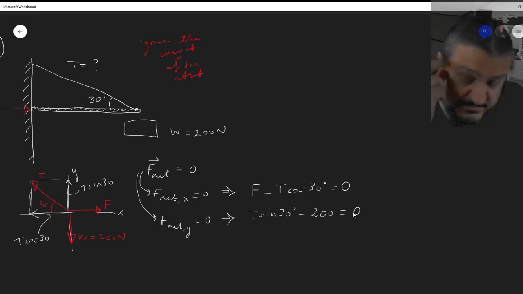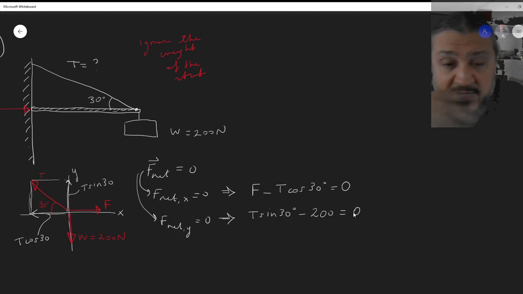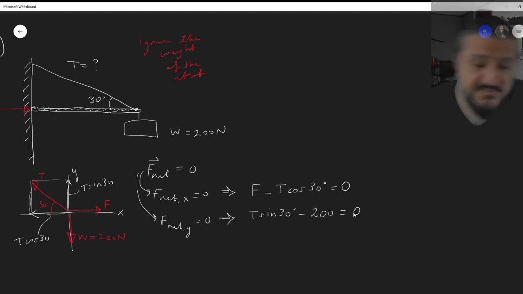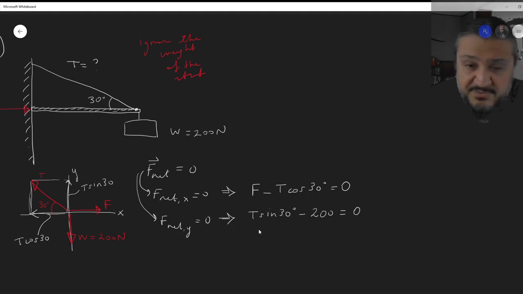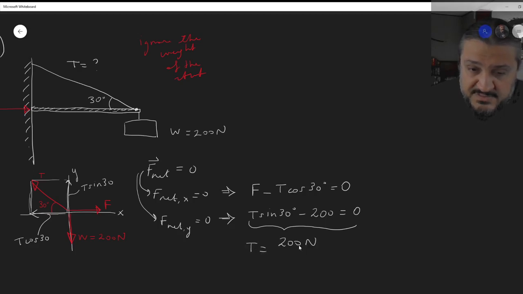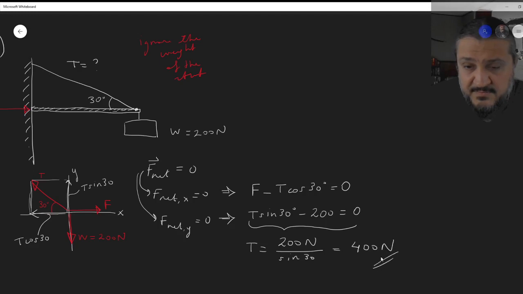Now, we have two unknowns, and they don't even ask what F is. So pretty much all we have to do is take the second equation and solve for T. 200 newtons divided by sine 30, and that is 400 newtons.